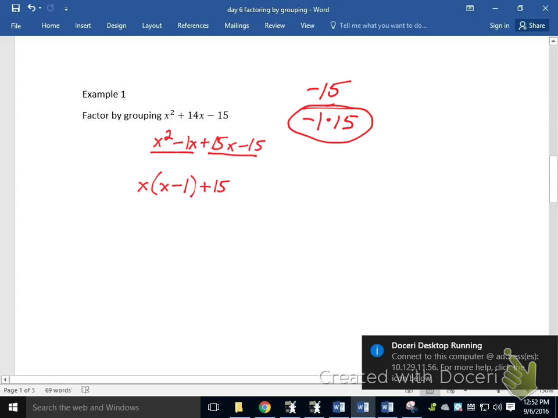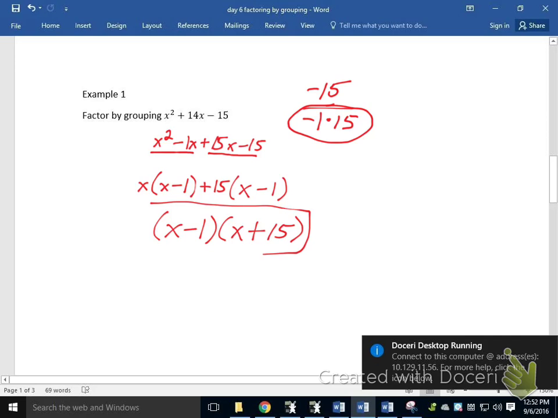So plus 15. And now, when I divide out that 15, I'll have x minus 1. And now, because both the x and the plus 15 are getting multiplied by x minus 1, the x minus 1 has been distributed to them, so my factors are x minus 1 and x plus 15.